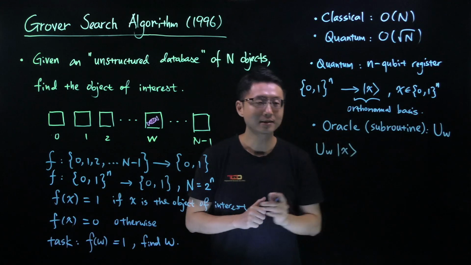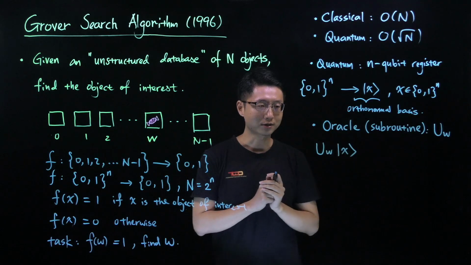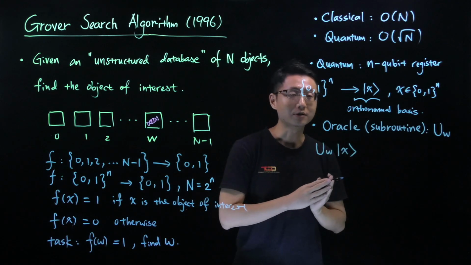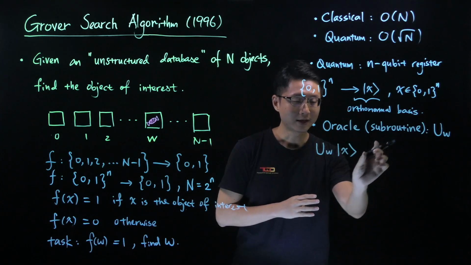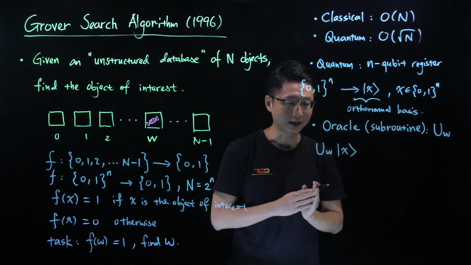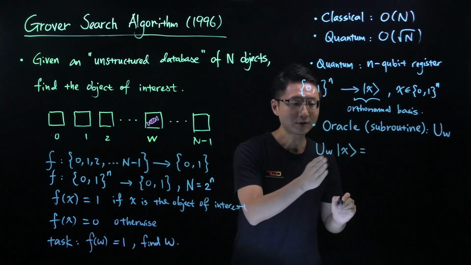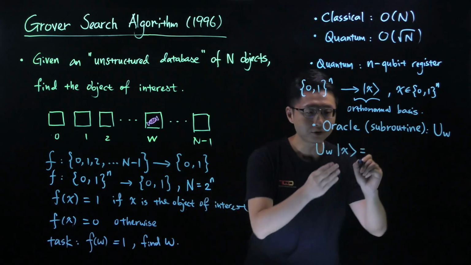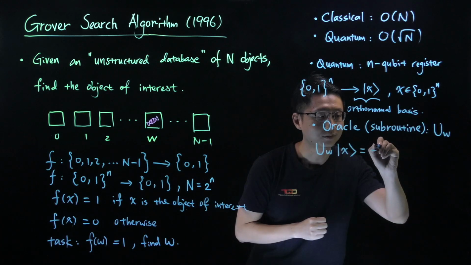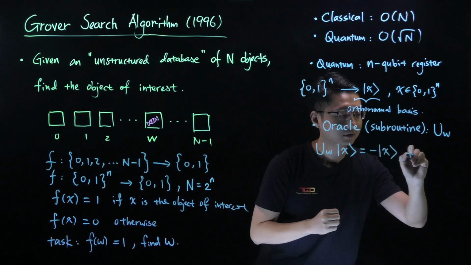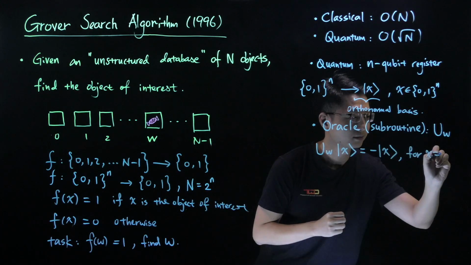As we have seen in some other algorithms, such as the Deutsch-Jozsa algorithm before, quantum algorithms make use of constructive or destructive interference by manipulating the phase in front of the different kets. So for example here, suppose this is the object of interest, it's going to change this phase from +1 to -1 for our object of interest.